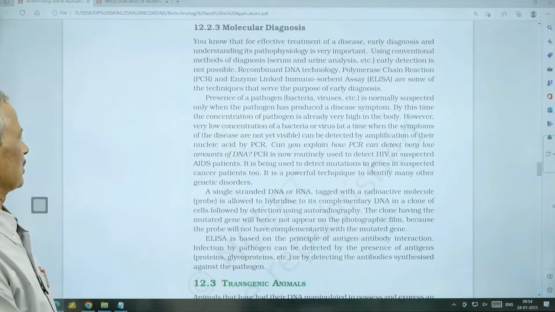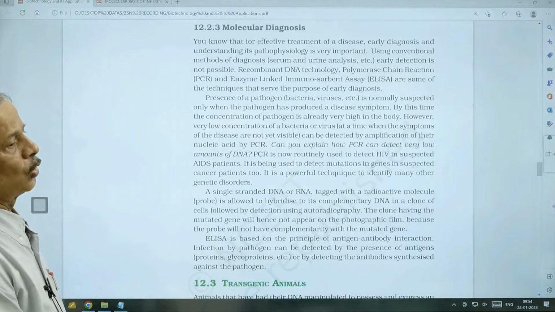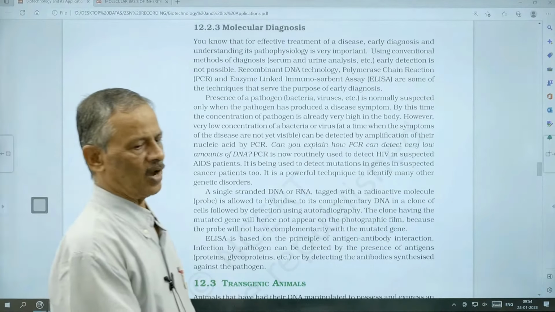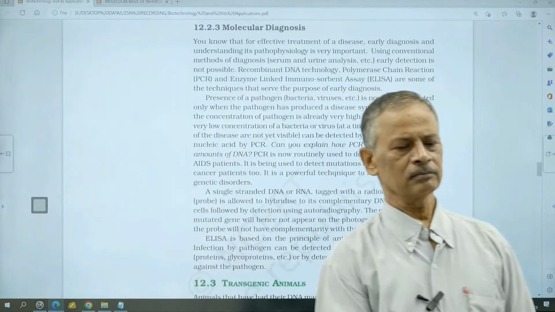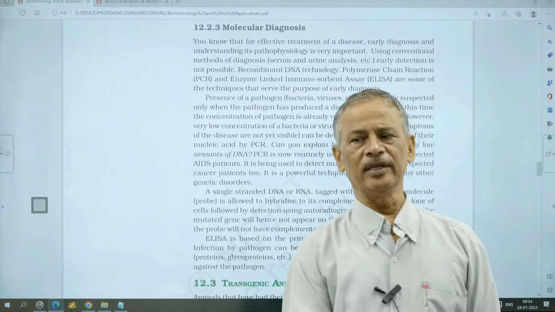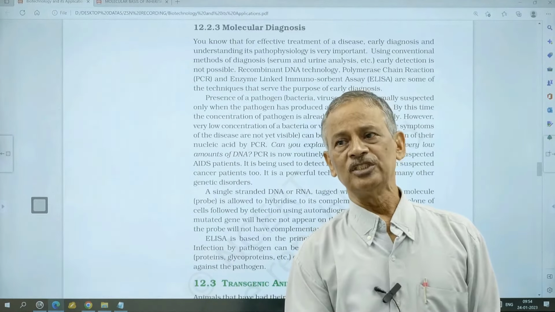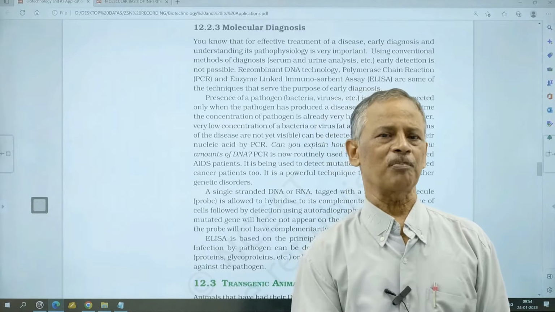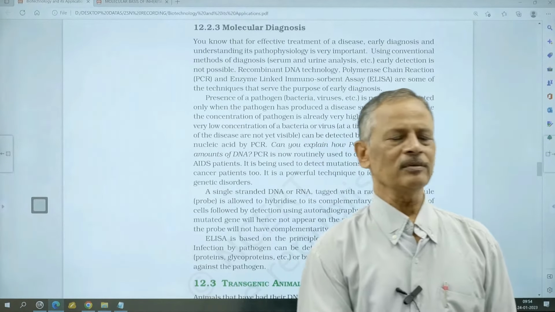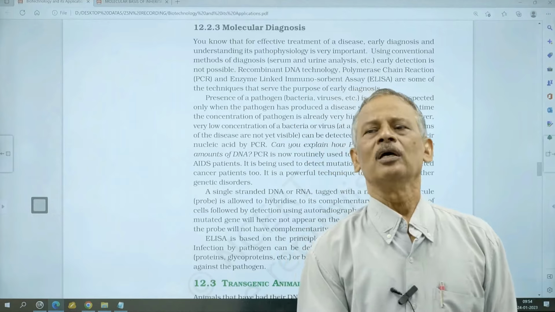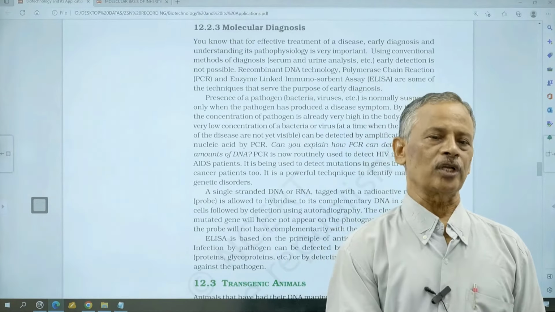And the third method is called autoradiography. In autoradiography, we are detecting whether your genes are normal for a particular character or if the gene is mutated.